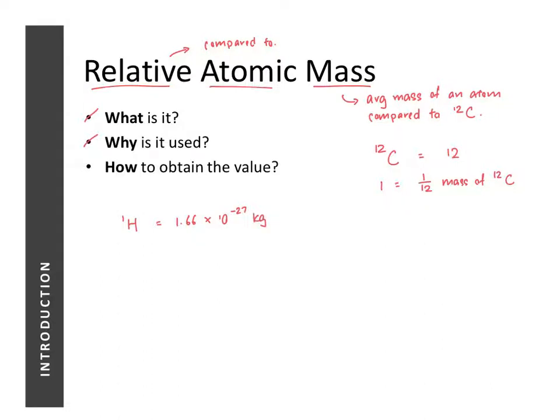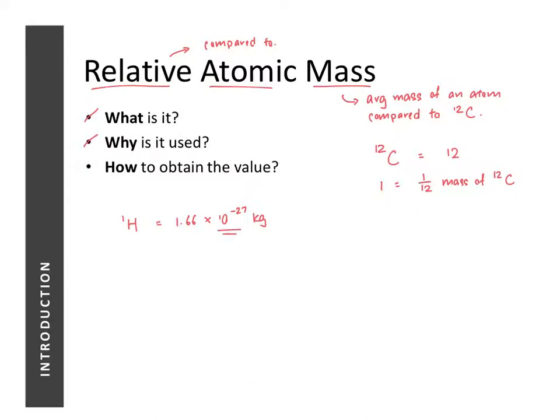If we were to express the mass of atoms in kilograms or in grams, it's going to be highly inconvenient. For example, we know that a carbon-12 atom is 12 times the mass of a hydrogen atom. So what is the mass in kilograms? We can compute that, but we cannot compute it by heart because the number is very complicated.